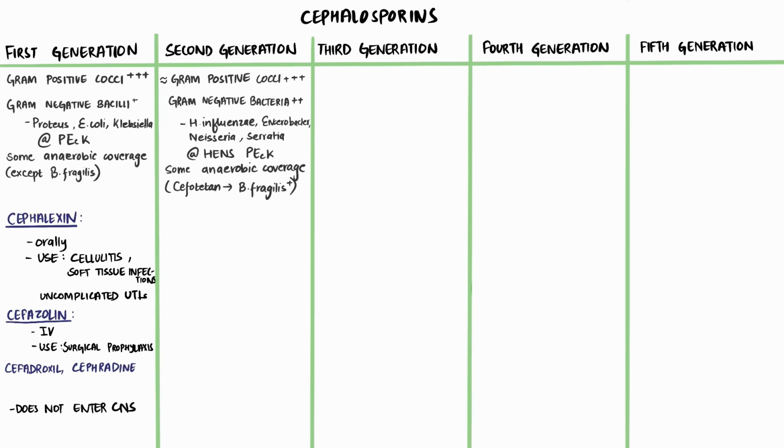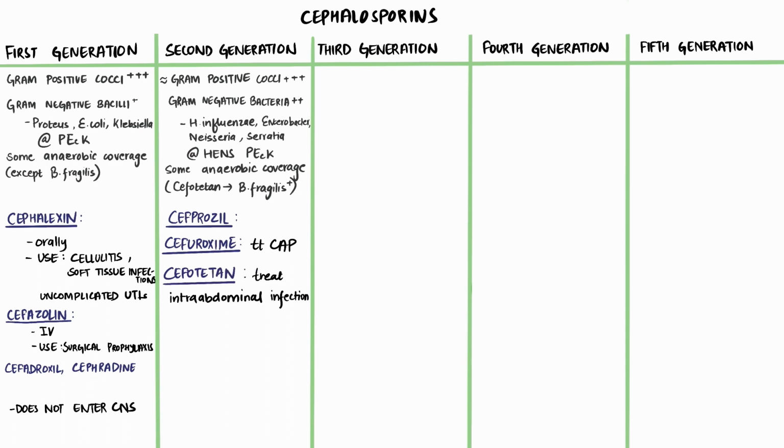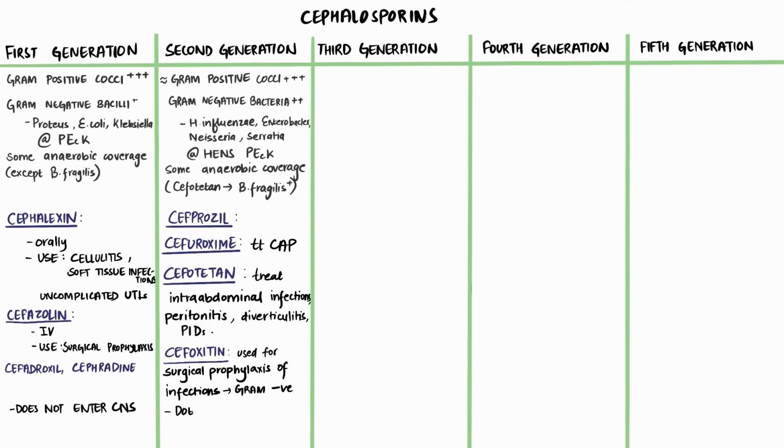The drugs under second generation cephalosporins include cefprozil, and cefuroxime, which is sometimes used to treat community-acquired pneumonia. Then we have cefotetan, which is used to treat intra-abdominal infections, peritonitis, diverticulitis, and pelvic inflammatory diseases. Then we have cefoxitin, which is used for surgical prophylaxis of infections caused mainly by gram-negative bacteria. These drugs do not enter the central nervous system except cefuroxime.